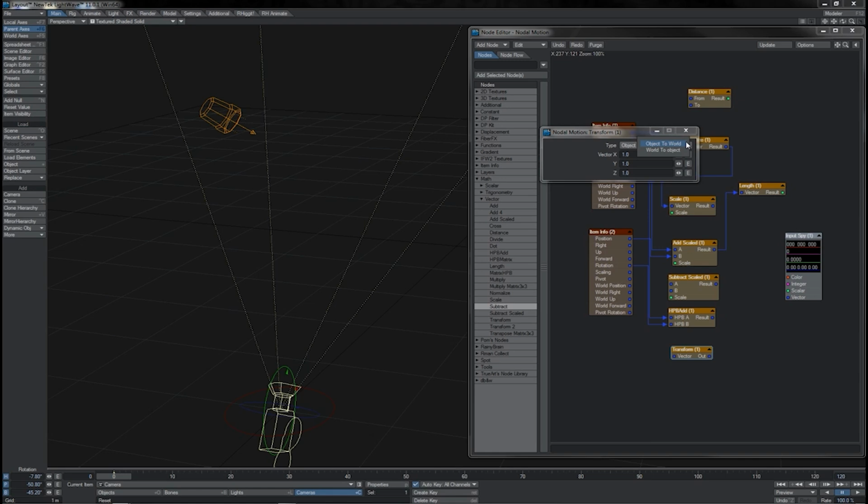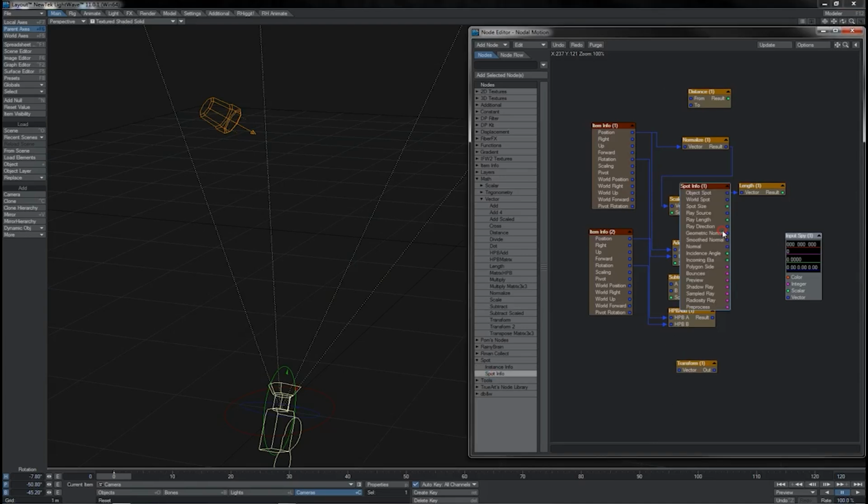This is for changing the vector between coordinate spaces, exchanging object coordinates for world coordinates, or world for object, where need be. Note, however, that this node is really used for surfaces, so you use it when texturing, or outside of texturing, usually alongside something like the spot info that has surface vectors. What it does not do is convert regular positions and rotations.